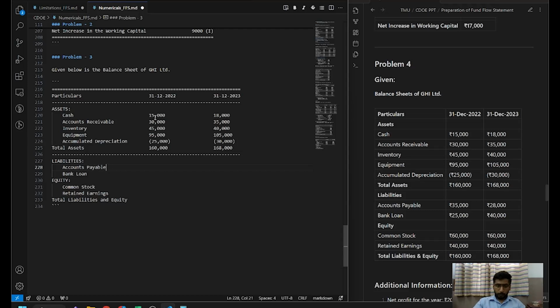Then accounts payable. For the year 2022, we have 35,000. For the year 2023, we have 28,000. Bank loan is 25,000 in the year 2022, which increased to 40,000 in the year 2023. Let's talk about equity. We have 60,000 as the common stock for both the years.